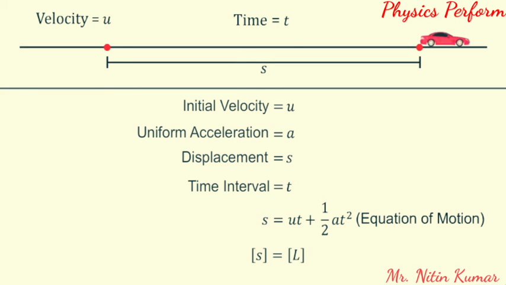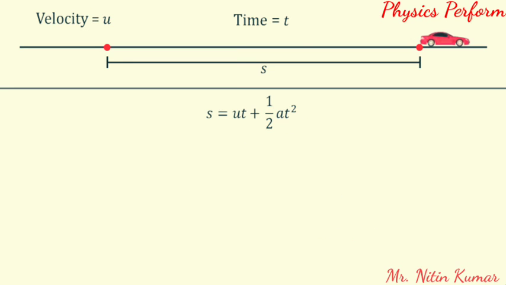On the right-hand side of the equation, we have two terms, each involving the product of two different quantities. The first is ut and the second is half at square. When the magnitudes of two or more physical quantities are multiplied, their dimensions are also treated in the same manner as done with ordinary algebraic symbols.